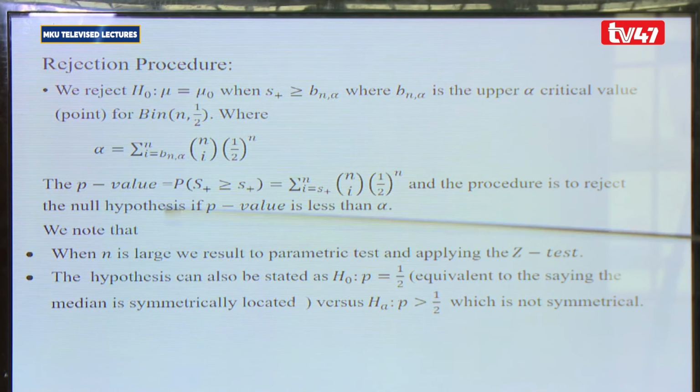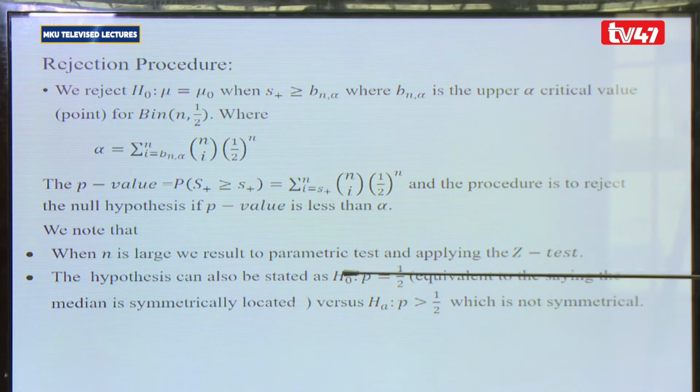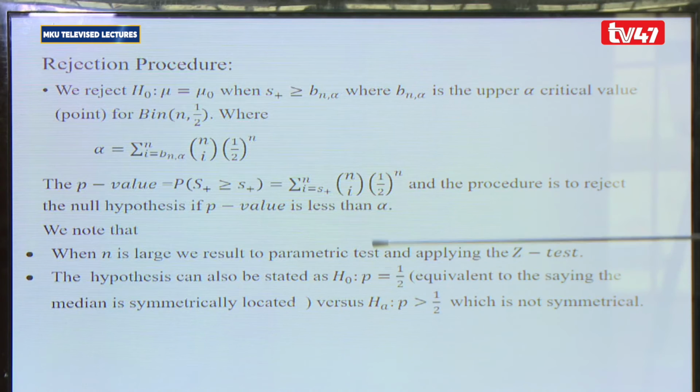Therefore, we can also state the non-parametric test for the median as simply the null hypothesis that the probability of an observation being higher than the postulated median is a half, and the alternative is that it is either greater, less, or not equal to.